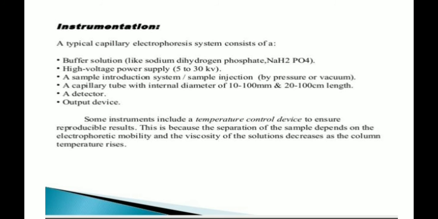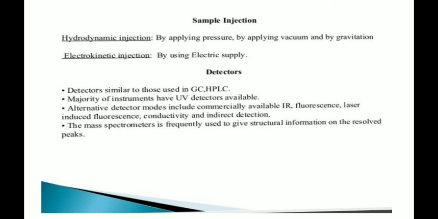Okay, so for sample injection you can use hydrodynamic injection, by applying pressure, vacuum or gravitation, to inject your sample into the capillary. Okay, and you can also use electrokinetic injection by using electric supply.